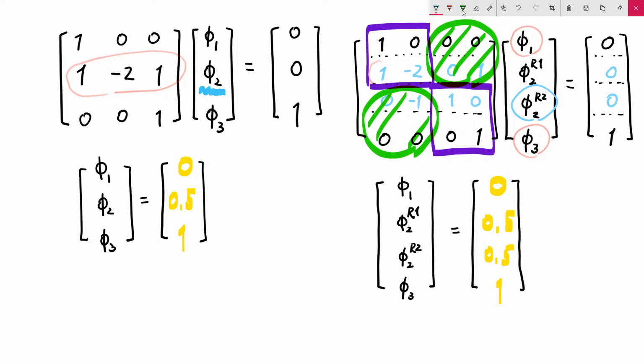Right now, we just arbitrarily select the phi 2 for R1 region as the more meaningful one, and we just impose our boundary condition or source-free Poisson equation for phi 2 R1.